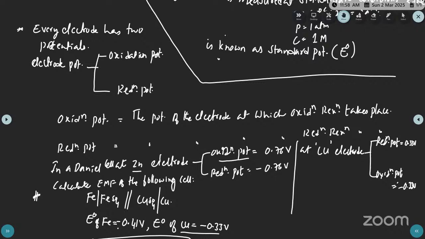Oxidation potential: the potential of the electrode at which oxidation reaction takes place.